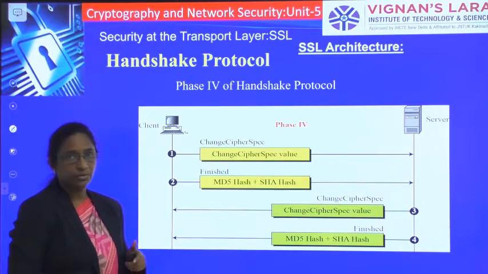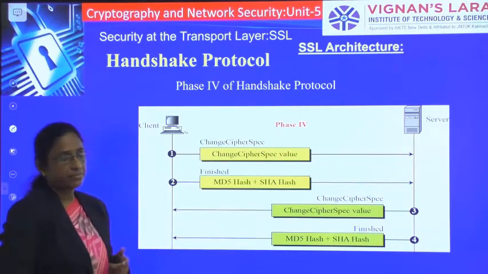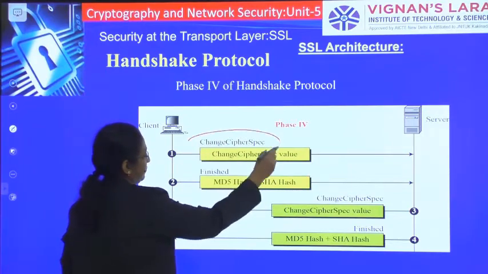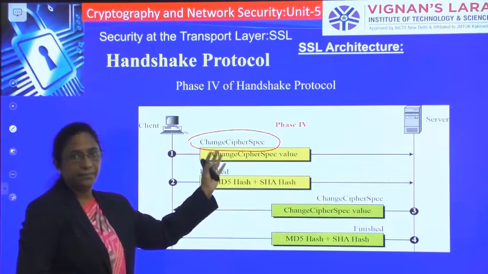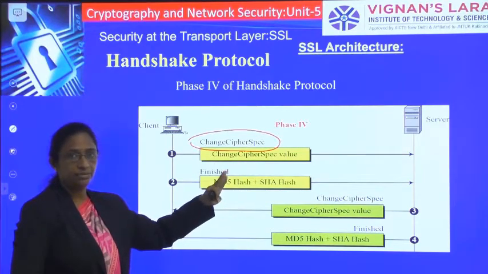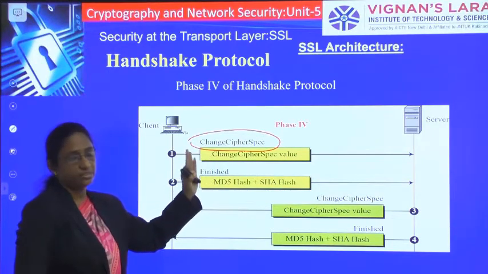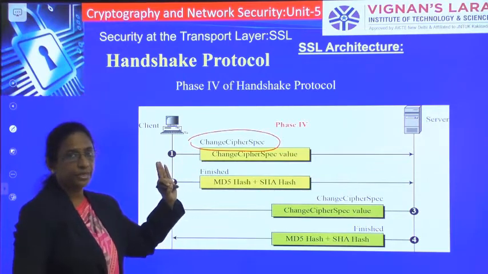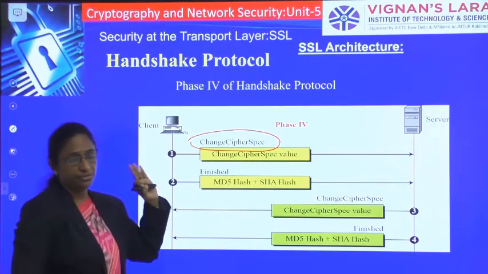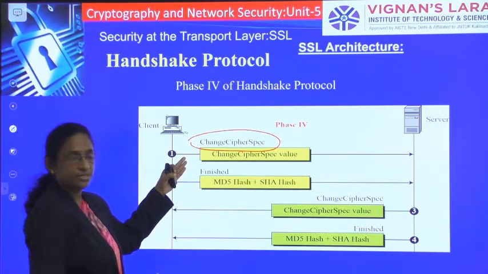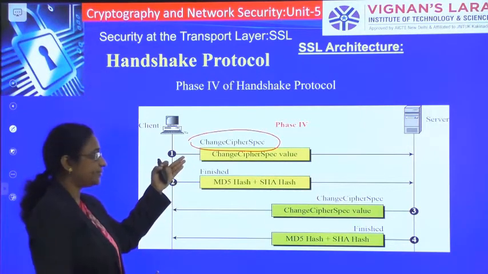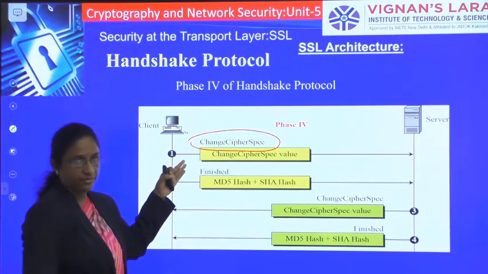That update is done by using the change cipher spec protocol. The change cipher spec value moves the pending state into the current state, and this is done using a single byte with value 1. Whatever cipher suite they want to use is updated through the change cipher spec value.